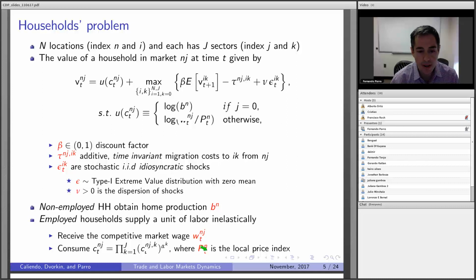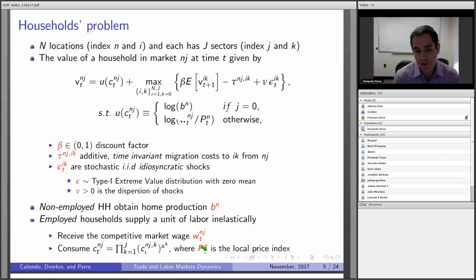Notice that in this model, we are going to have a sort of within-region consumption inequality. For instance, Francisco and I can be living in the same state, let's say in DC, so we are going to consume the same basket of goods.